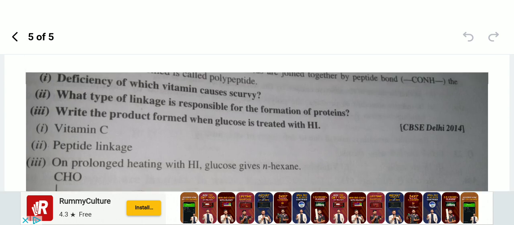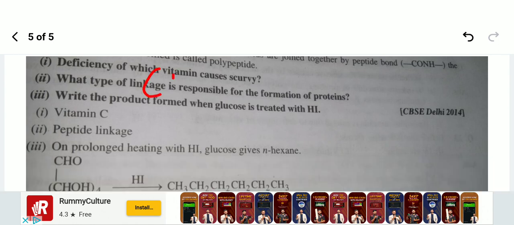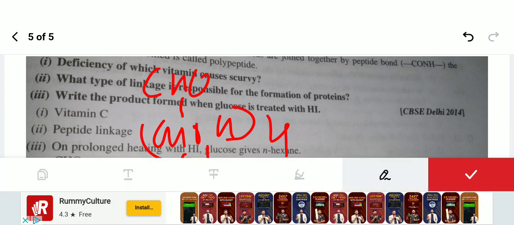Now, which deficiency causes scurvy? It is vitamin C. What type of linkage is formed in a peptide? It is called a peptide linkage. Next, write the product formed when glucose is treated with HI. We know the formula for that: CHO, (CHOH)4, and again CH2OH at the bottom.